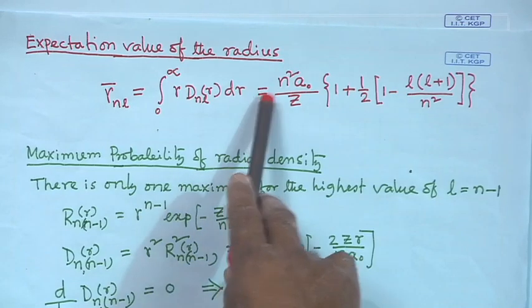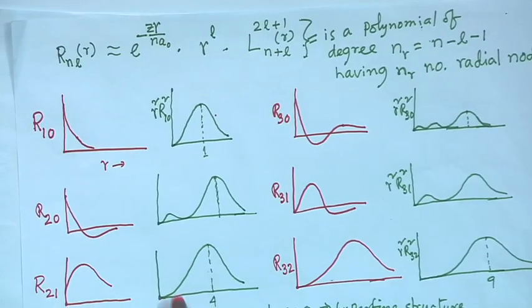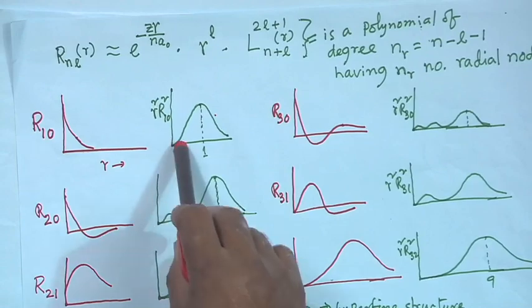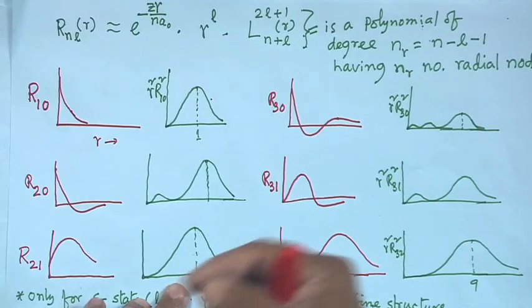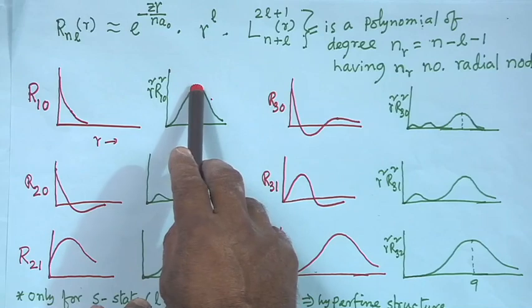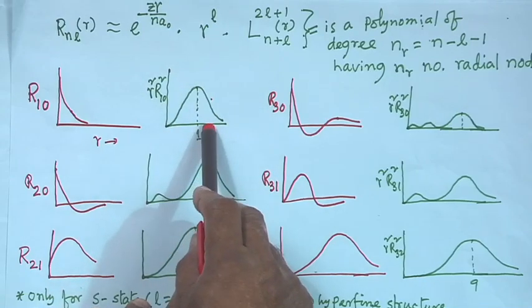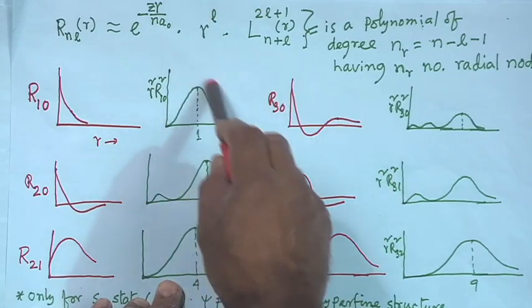So, the expectation value is higher than the most probable value, because of the asymmetry of the probability curve. This is the asymmetry of the probability curve. This is the most probable value, but the expectation value takes the average over this curve.